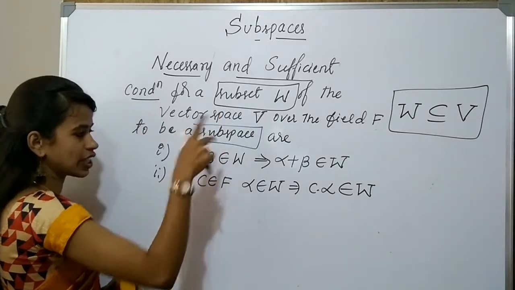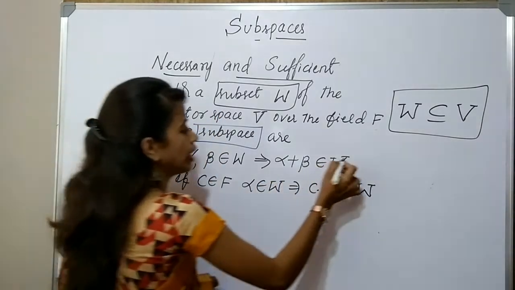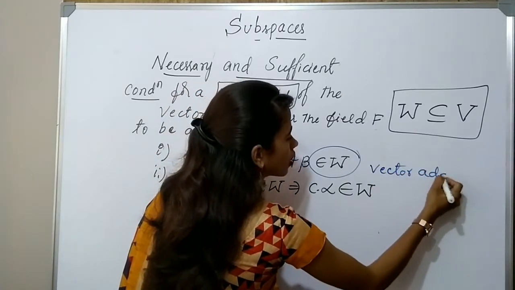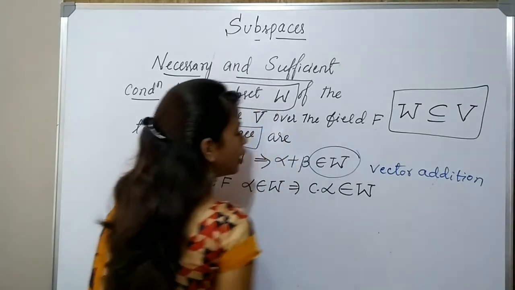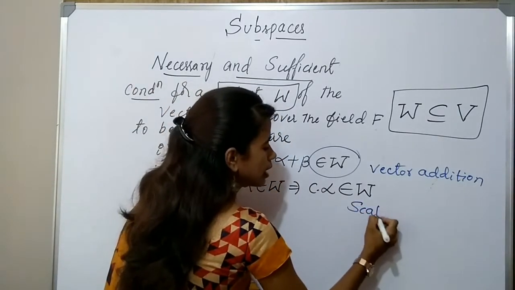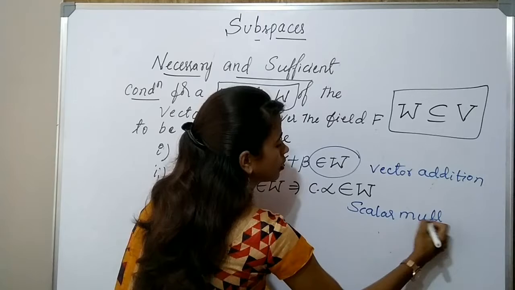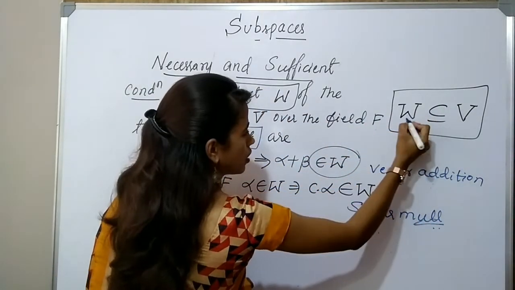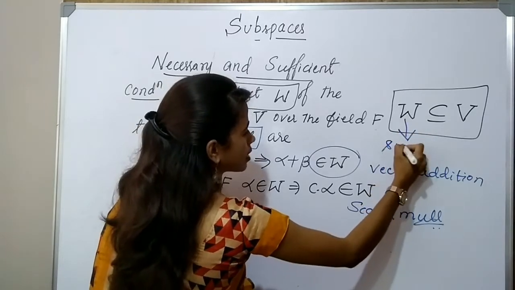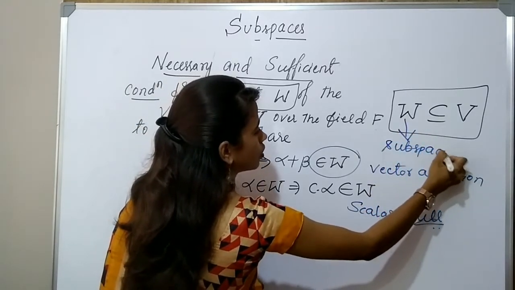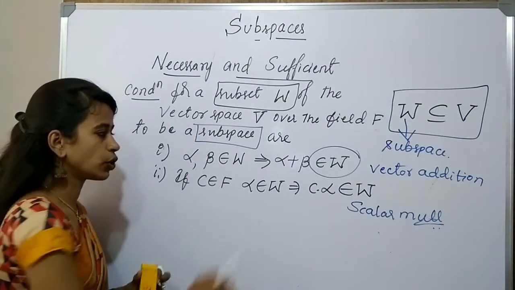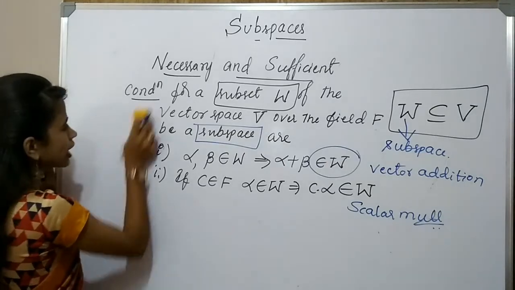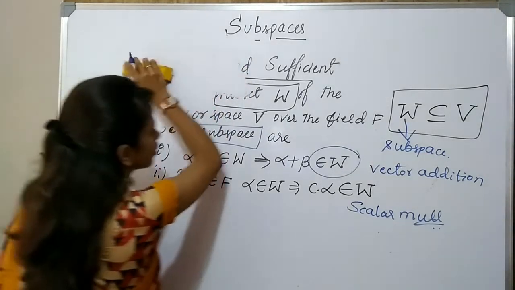If that subset satisfies two conditions, namely it is closed under vector addition and it is closed under scalar multiplication, then we say that that subset of the vector space V is called a subspace. So you need to check only these two conditions. Okay. So now let us solve some problems related to this.